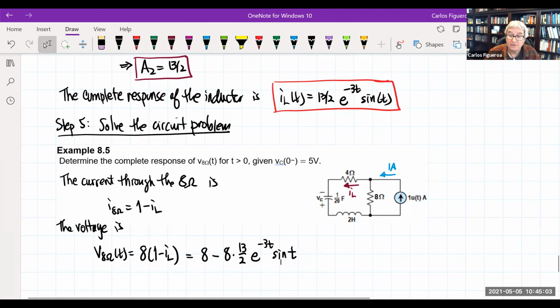Now, what I got to do here is go in and clean this up. And if I multiply, what is it? 4 times 13, I believe that's 52. So here I go.